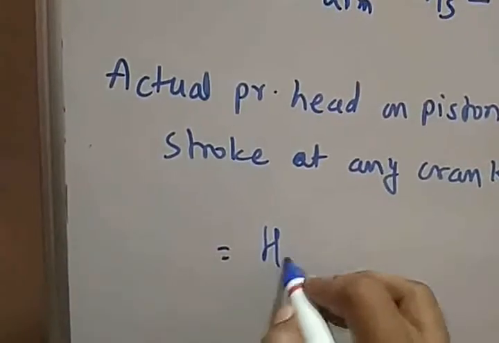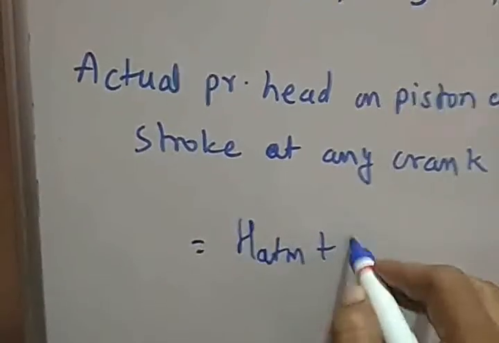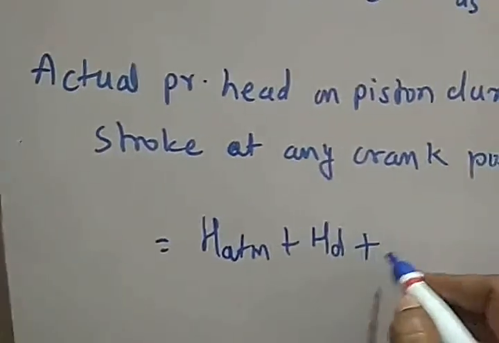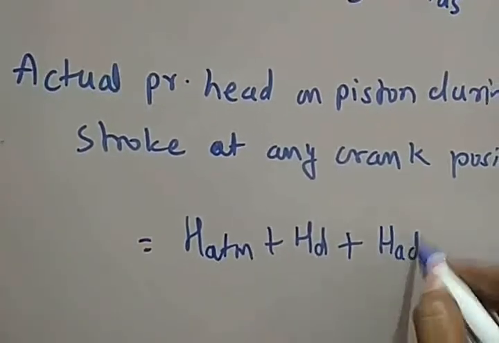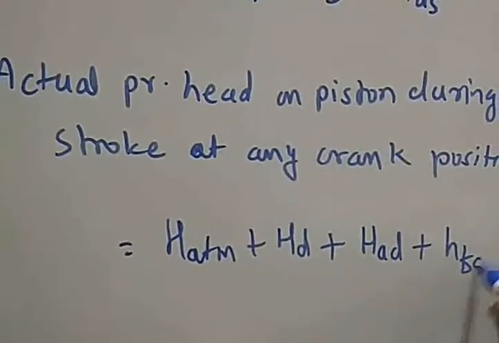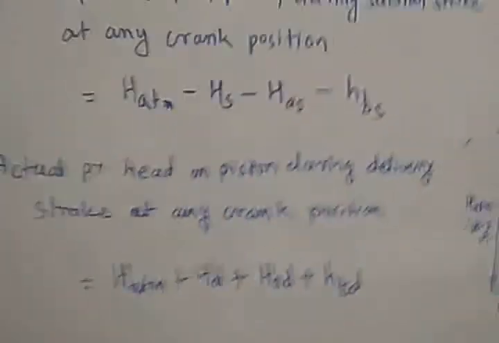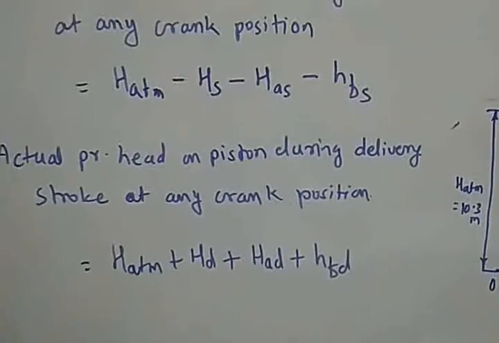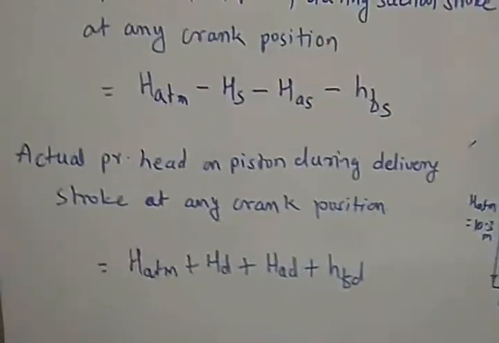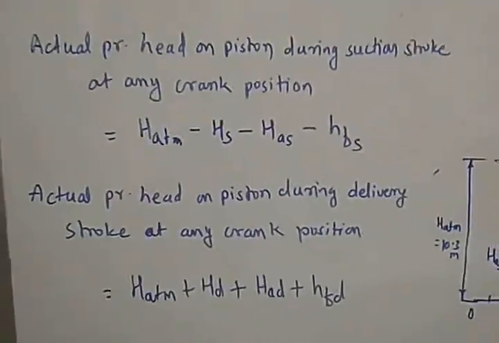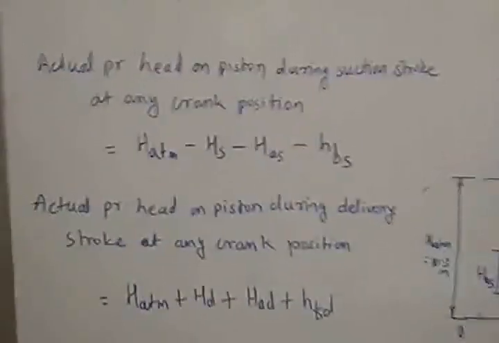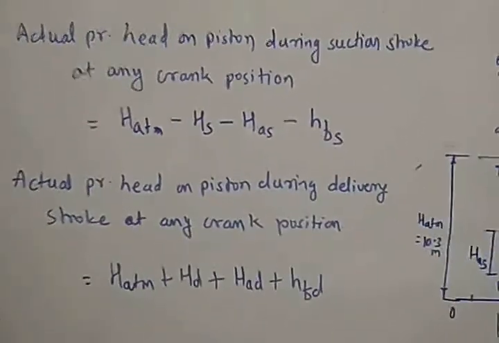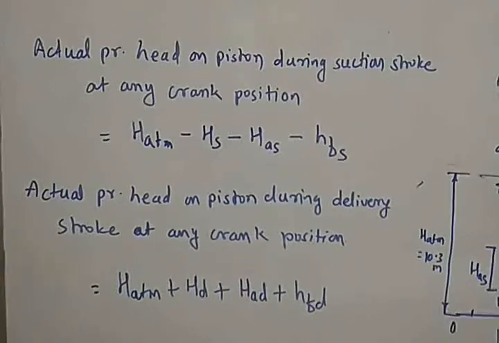Now you can put in the values of HAS and HFS, which contain theta. So for any value of theta you can get the pressure head on the piston during the suction and delivery strokes. So this is all about it. Thank you.